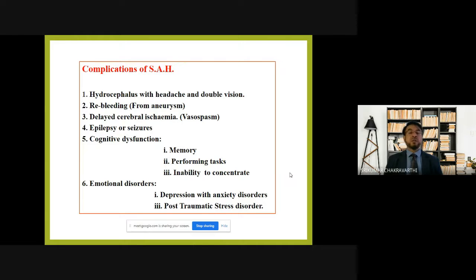These people can go on to epilepsy. If they recover, they would later go on with cognitive dysfunctions, difficulty in performing tasks, inability to concentrate, or other emotional disorders. This occurs after a long period of time, even in those who have had a good prognosis when it comes to recovery.